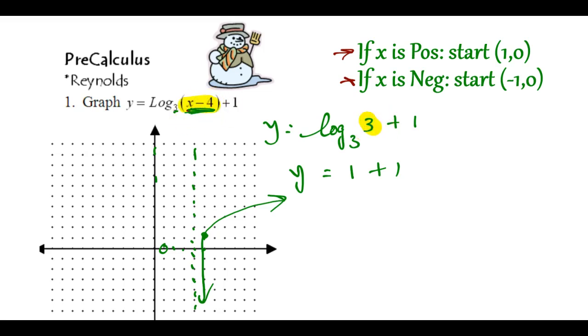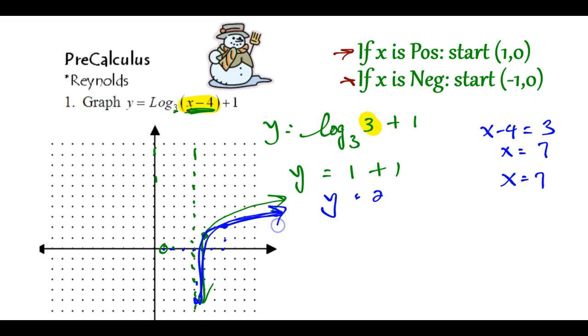So I'm just going to set x minus 4 equal to 3, and I can have that happen when x is 7. So I think I found a point. When x is 7, y would be 2. So 1, 2, 3, 4, 5, 6, 7. Y is 2. You can see I'm off just a little bit. So the log function does not grow very fast. So it's more like blue.